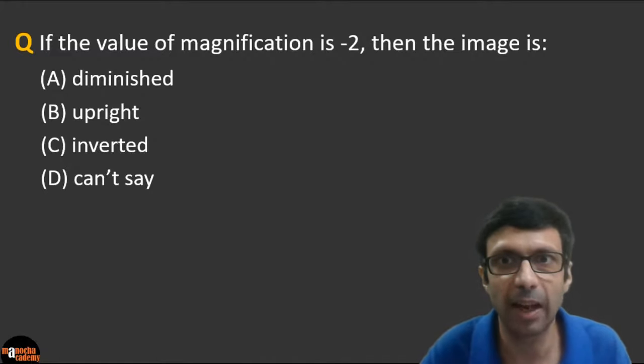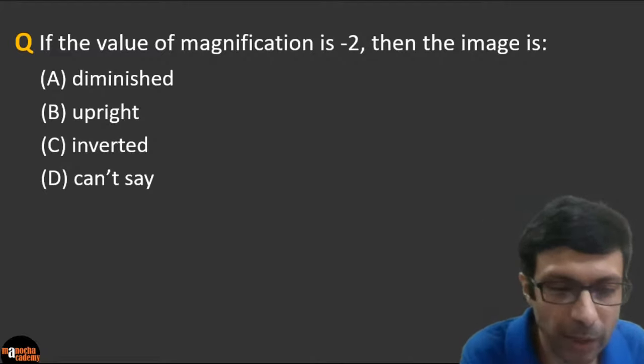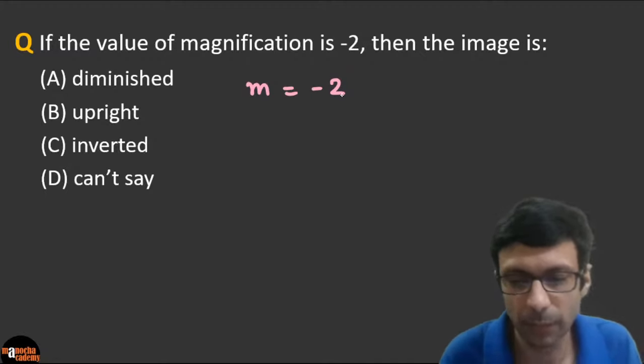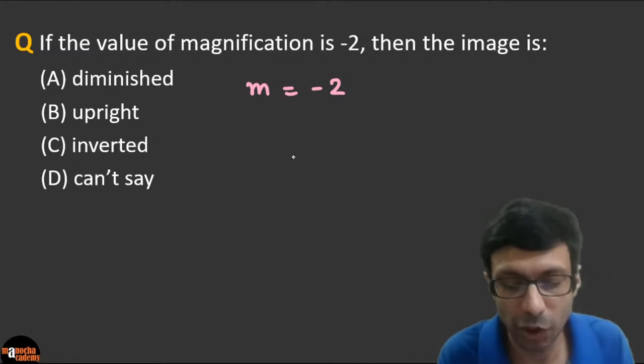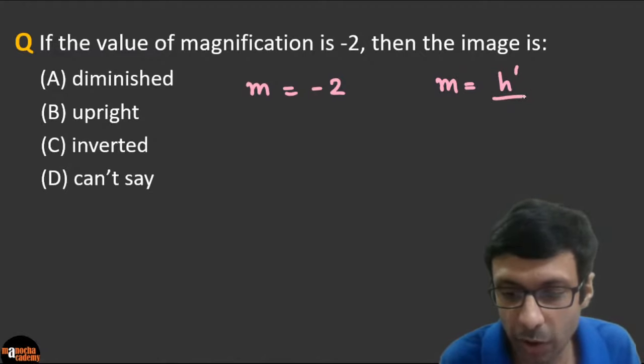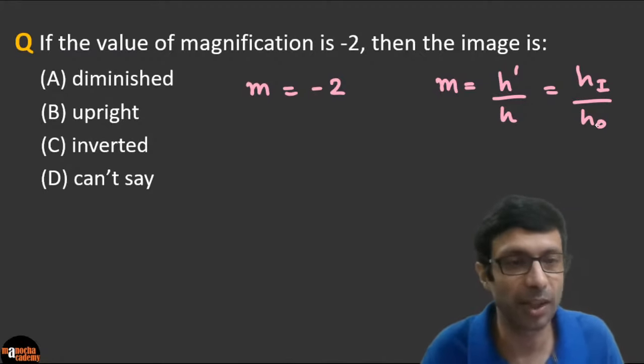Vidyasagar Reddy is saying A. So the magnification value has been given. M is given to you as -2. And remember, magnification M means image height by object height, which you can write as H dash by H or HI by HO. It's a ratio.